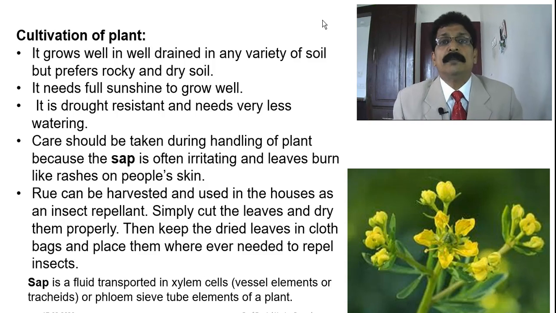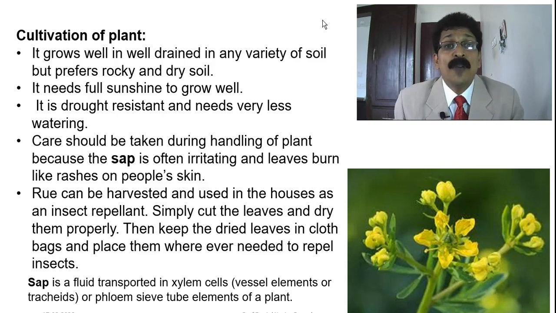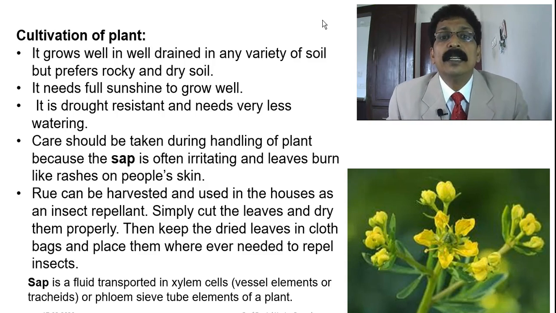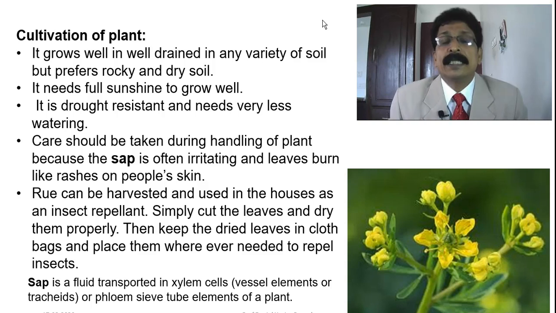Cultivation is also done because it has more medicinal use. It grows well in well drained soil, in any variety of soil, but prefers rocky and dry soil. It needs full sunshine to grow well. It is drought resistant and needs very little watering.